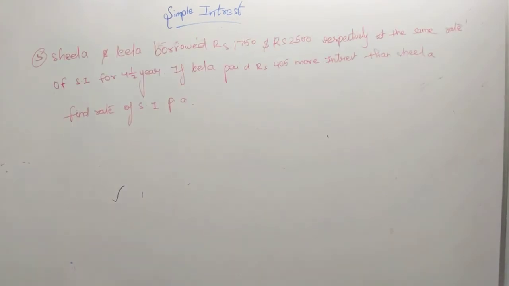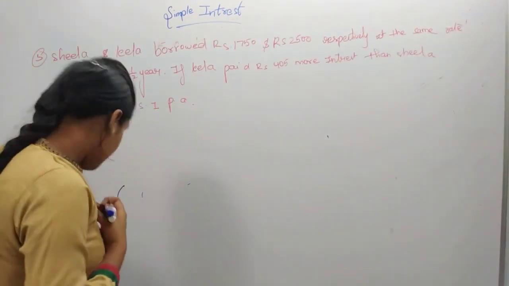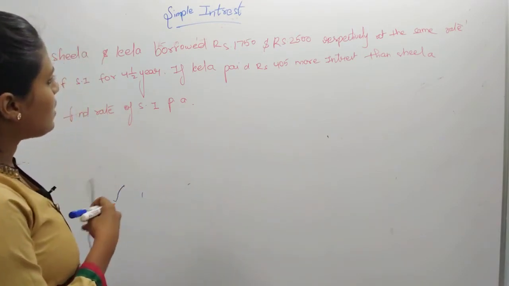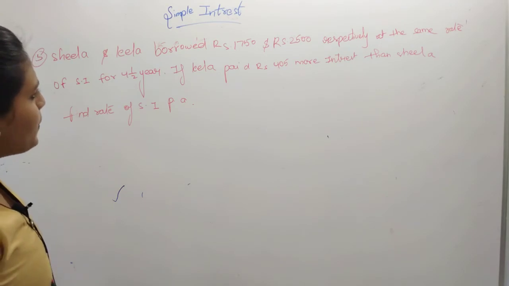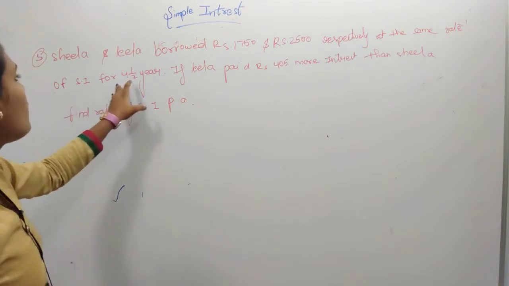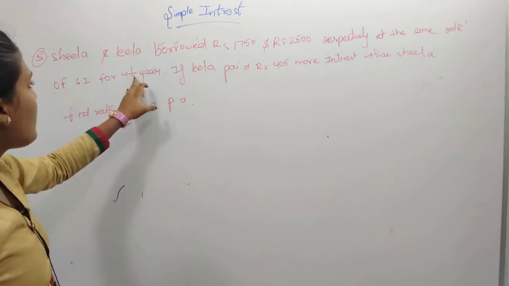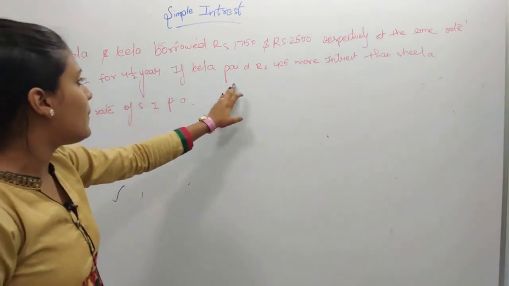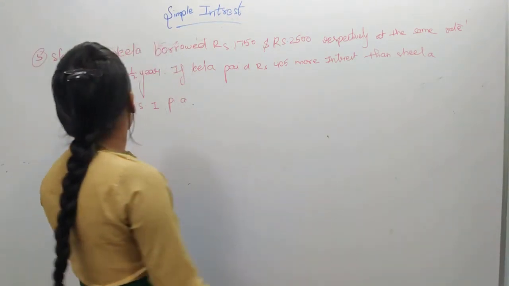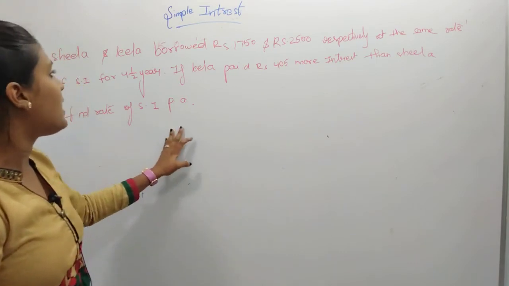What is the fifth question given here? Sheila and Leela borrowed rupees 1,750 and rupees 2,500 respectively at the same rate of simple interest for 4 whole 1/2 years. If Leela paid rupees 405 more interest than Sheila, find the rate of simple interest per annum.